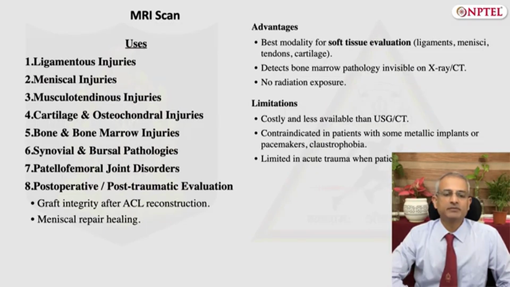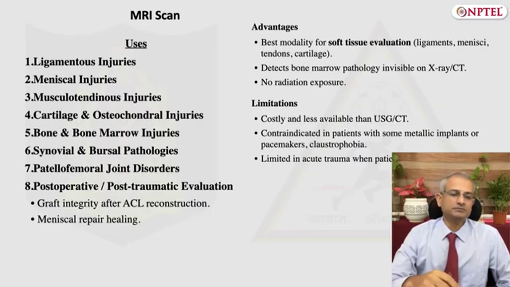Loose bodies can easily be picked up by an MRI. And in post-operative cases, it is done for evaluation of any healing in the meniscus or in the ligament, or in cases of re-injury when a person has already undergone a reconstruction of the ligament.